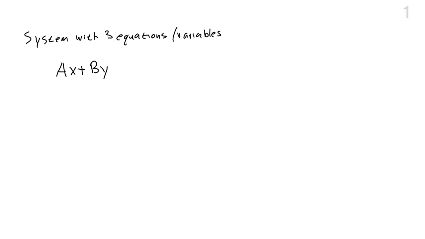So, a system with 3 equations and 3 variables, and it's a linear system, will most generally look like this. We will have 3 equations with 3 variables.